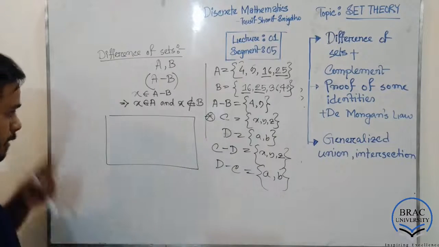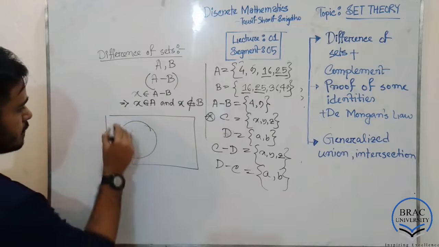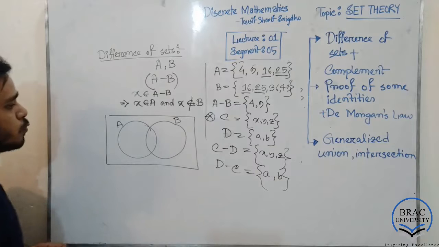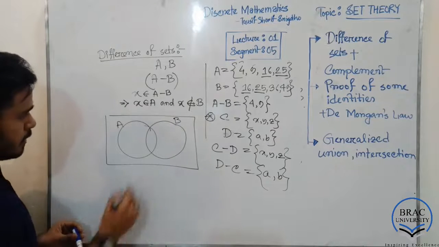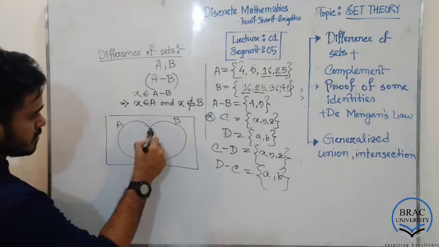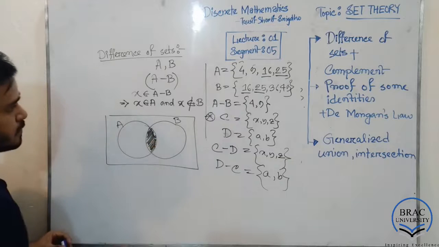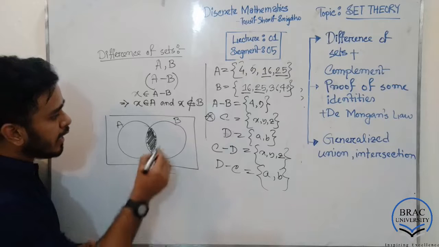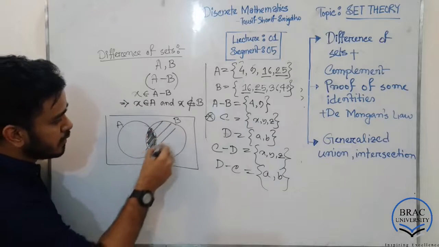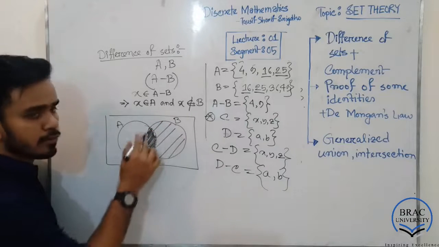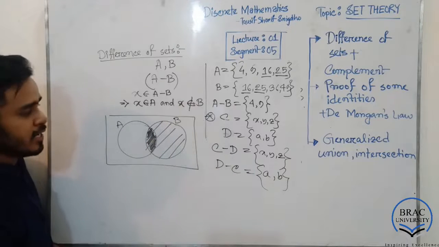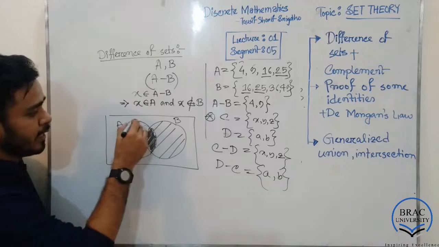Here, if a set is A like this and the set is B, we know that this is the intersection of these two sets. According to the definition, can we take any of the elements from this whole B? No, because X doesn't belong to B. And can we take any of the elements from this whole A?